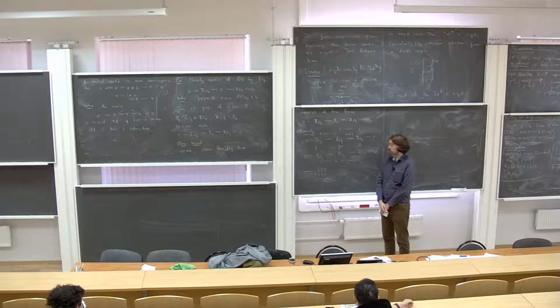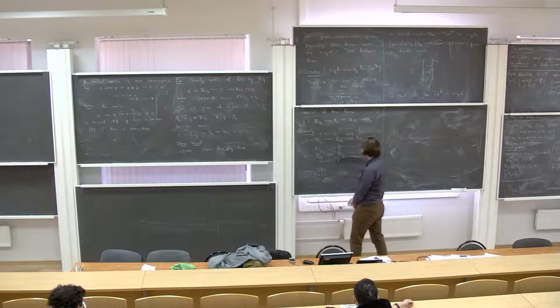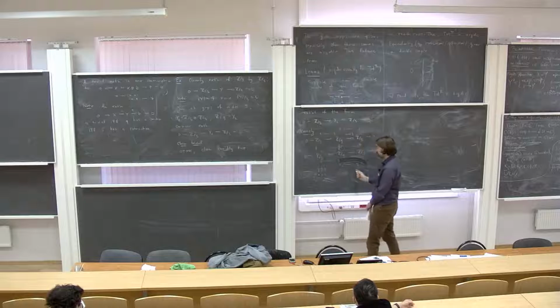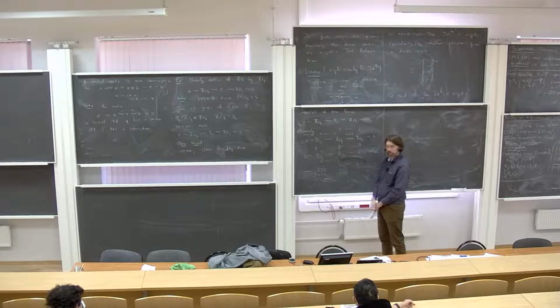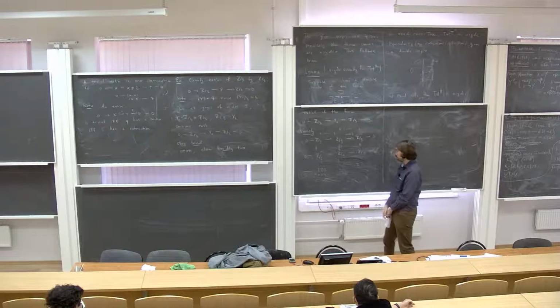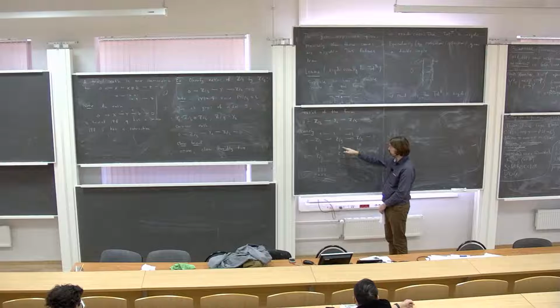Yes, but we want to find two non-isomorphic extensions. If I take 1 goes to 3 and 1 goes to 2, that is an extension. And this does not commute, although it commutes over here. And once I fixed it like this, there's only one choice here.